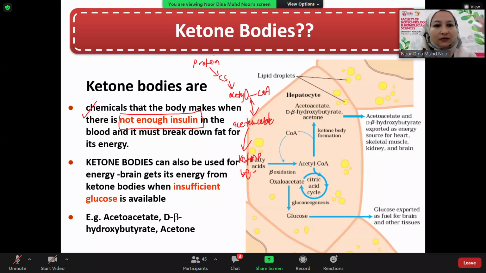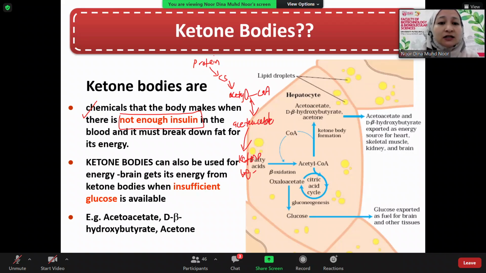Sebab right now what happened to the diabetes patient is that they don't have enough insulin, or insulins become resistant, which is the hormone become haywire somehow, so they cannot give signal to the glucose to enter the blood and provide the energy.